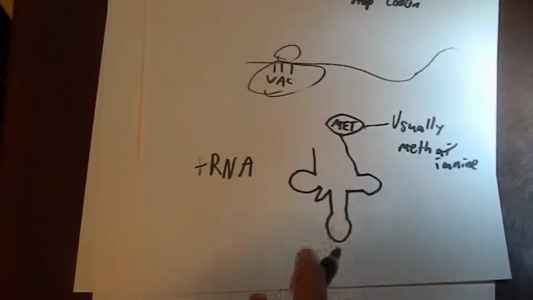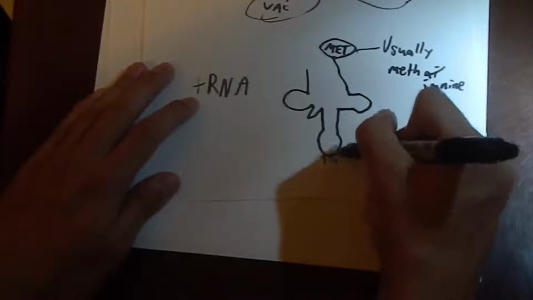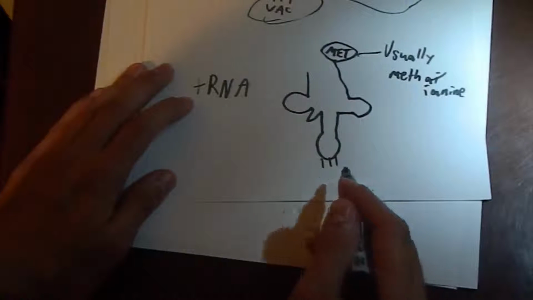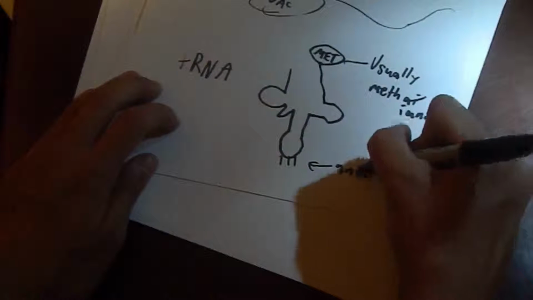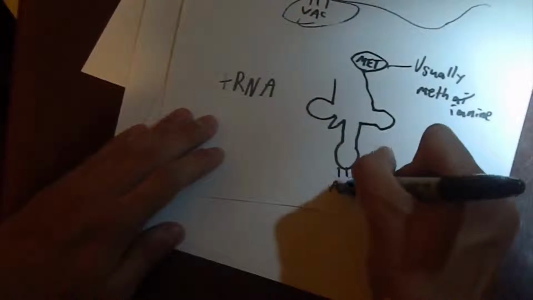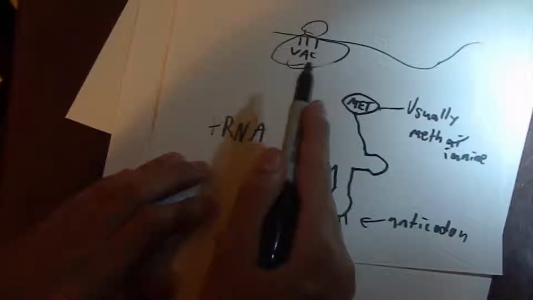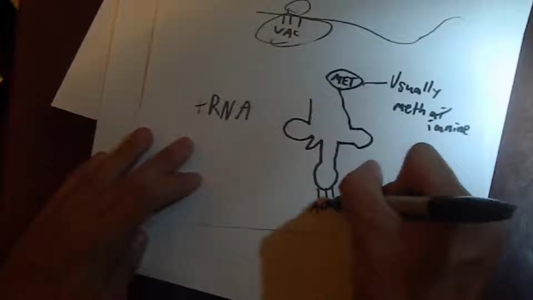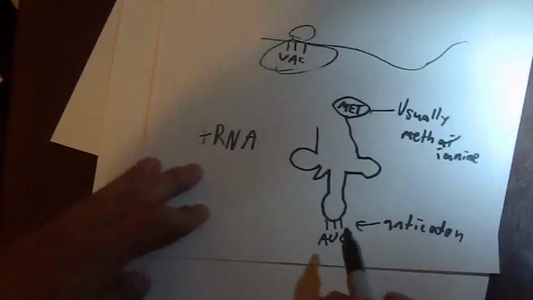So the first tRNA strand usually will have a methionine on top, and at the bottom of the tRNA you see these three things again, but this is called an anticodon. And these are the complementary base pairs of the mRNA. So, as we can see, U is right here, so A will be right here, because A goes with U. And then A is right there, so U goes here. And then G goes here, because G goes with C.